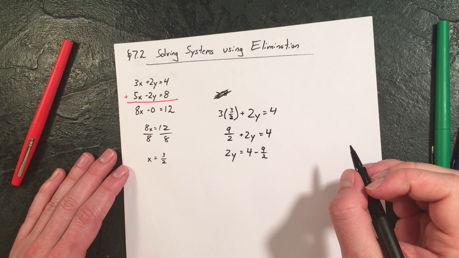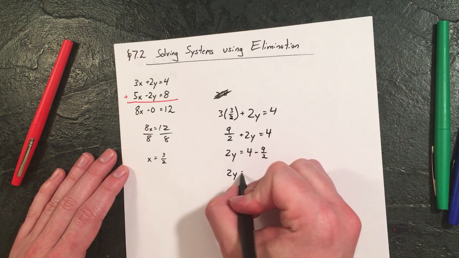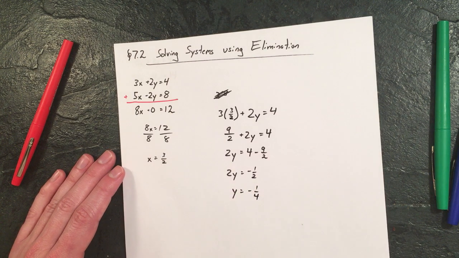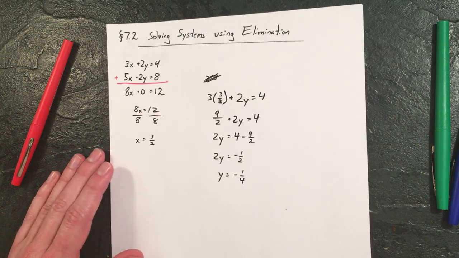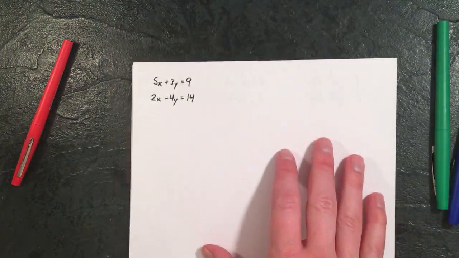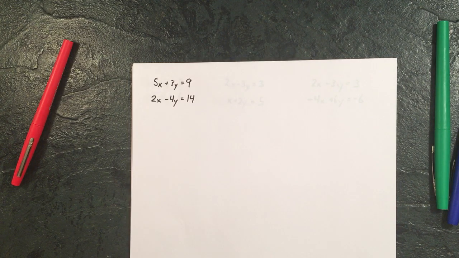And that's going to get us to a negative 1/2, right? Which means y equals negative 1/4. Okay, that's pretty much what elimination is. We're going to go through one more question that's a little bit more difficult and then see what else we can do with this whole system of equations and interpretation.